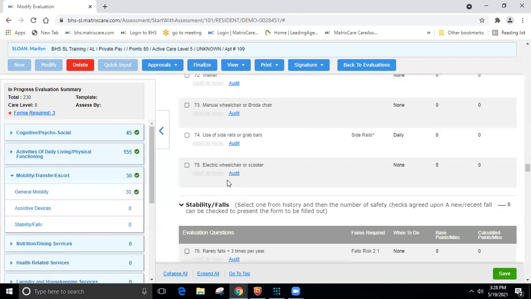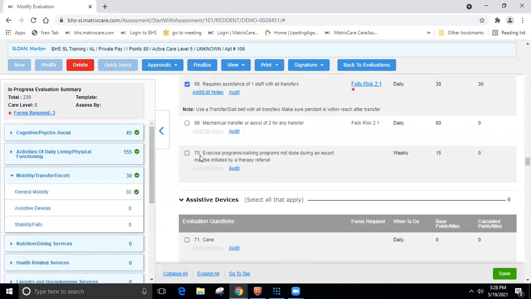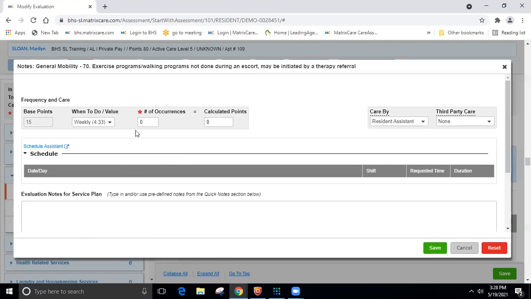There's also another one, here's an exercise program. So if you have something like 3 times a week, or things that happen after you get those therapy referrals, you're going to notice this is a weekly service of base points of 15.